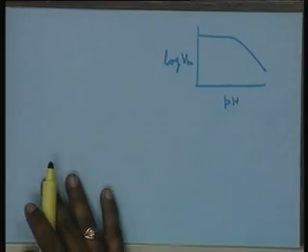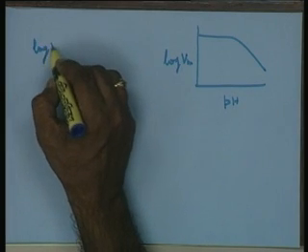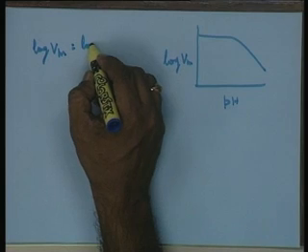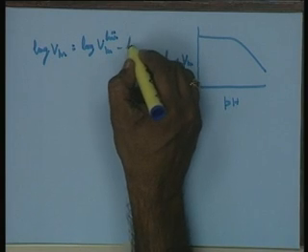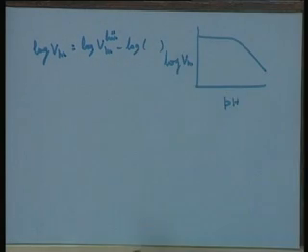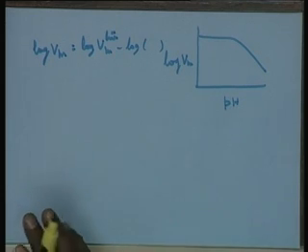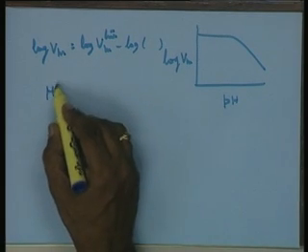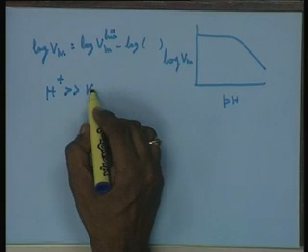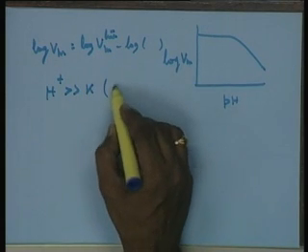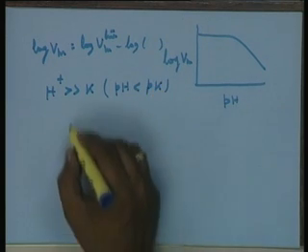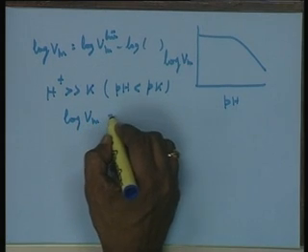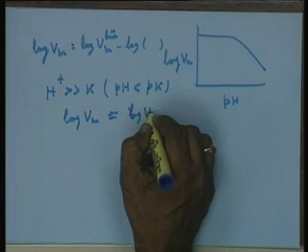Now, if you take the logarithm of both sides, log Vm is equal to log Vm true minus log of the term in the parenthesis. If you consider the extreme conditions, that is when the hydrogen ion concentration is much greater than the ionization constant, or in other words the pH is smaller than pK, then log Vm is equal to log Vm true.